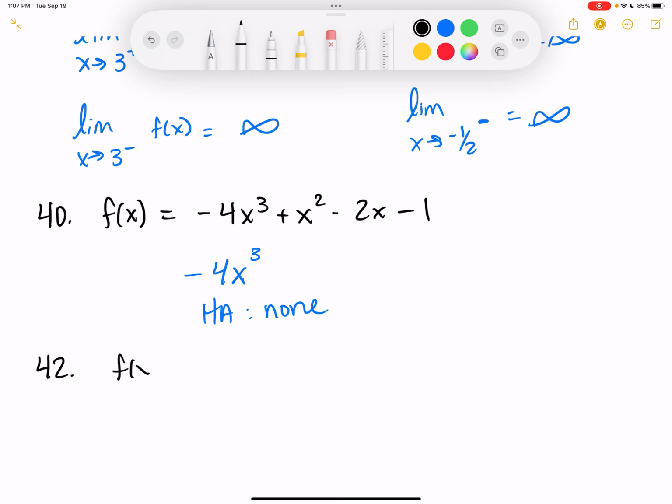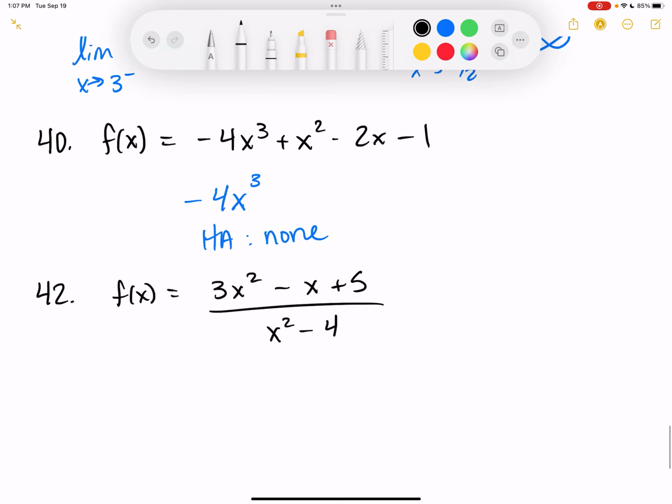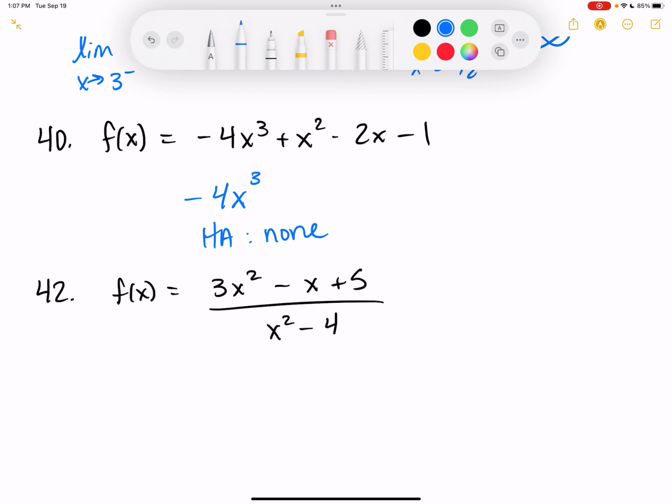42: f of x is equal to 3x squared minus x plus 5 over x squared minus 4. So my power function is going to be 3x squared over x squared, because that's the highest power term, top and bottom.